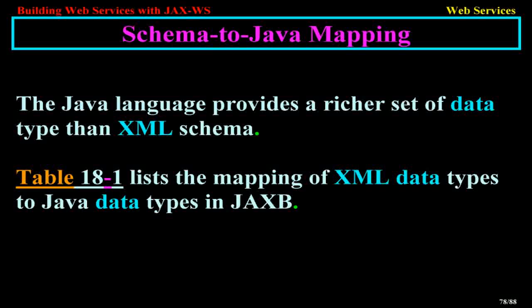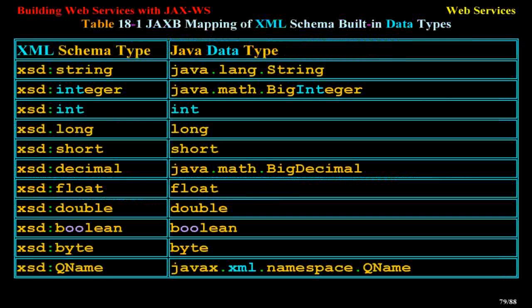Table 18-1 lists the mapping of XML data types to Java data types in JAXB. Table 18-1 JAXB Mapping of XML Schema Built-in Data Types.